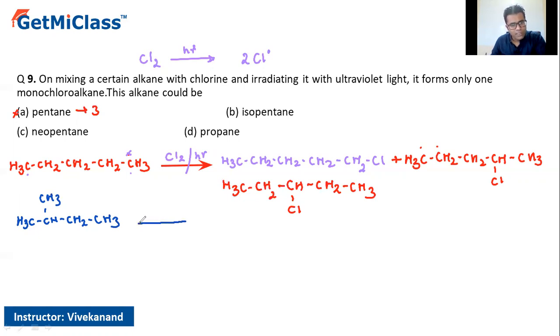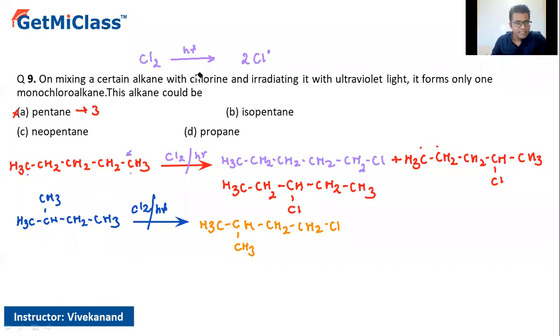Once we have this and it reacts with chlorine, Cl2 in the presence of h nu, there are possibilities that this carbon can react. If that carbon reacts, then we have CH3, CH3 here, CH, CH2, CH2Cl. This is one particular condition, right?